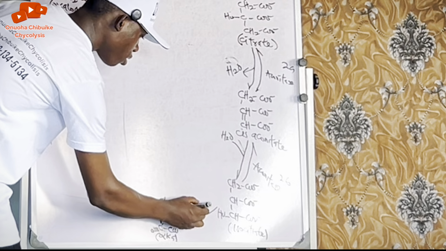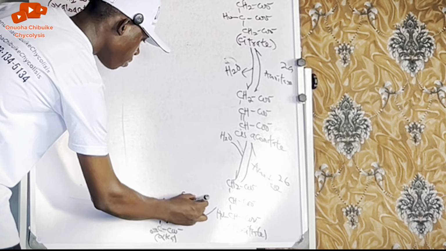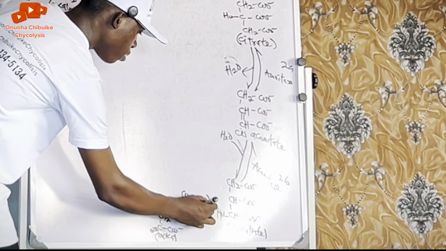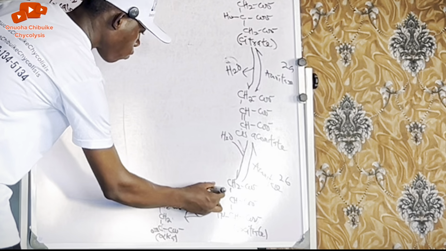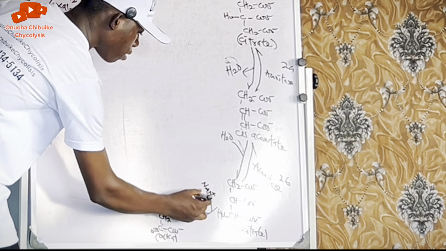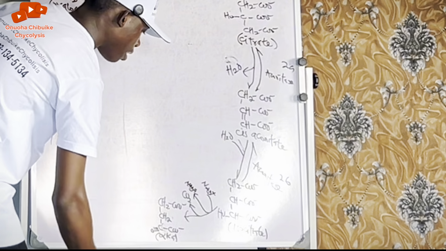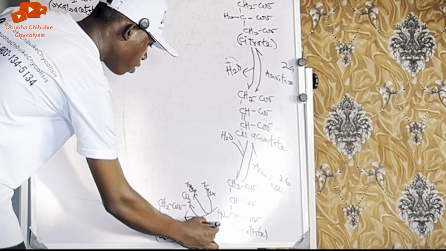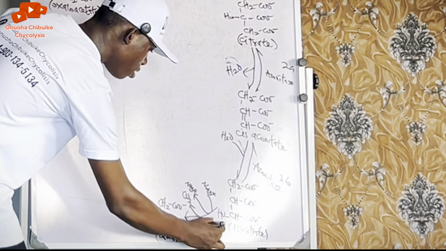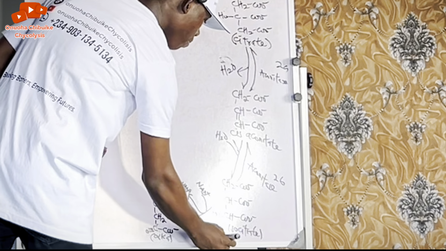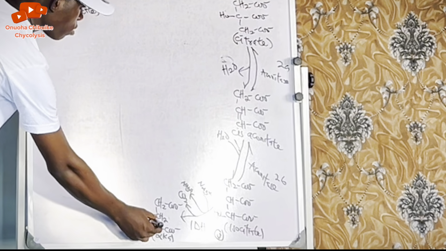Oxidative decarboxylation, so CO2 is released. This reaction requires one molecule of NAD plus to produce NADH. And the enzyme is isocitrate dehydrogenase. So this is step 3. Step 4 is the oxidative decarboxylation of alpha ketoglutarate to produce succinyl CoA.